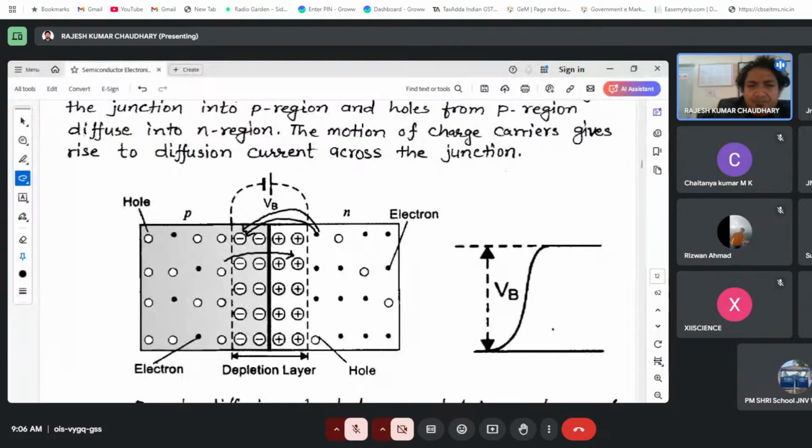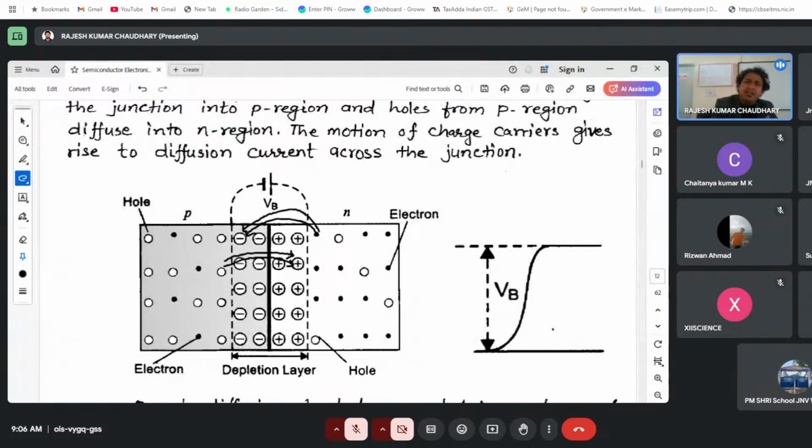In the same way, holes from the p-type semiconductor will be jumping towards which semiconductor? The n-type semiconductor. So simply you can say that in the diffusion process, majority charge carriers will exchange their places. Got it? Majority charge carriers will be moving from one type of semiconductor to the other.